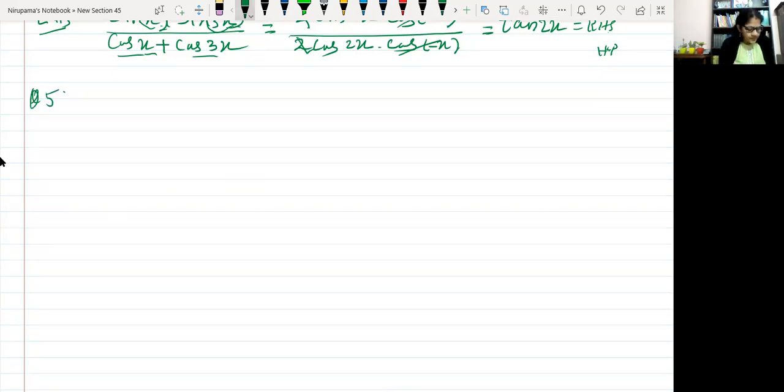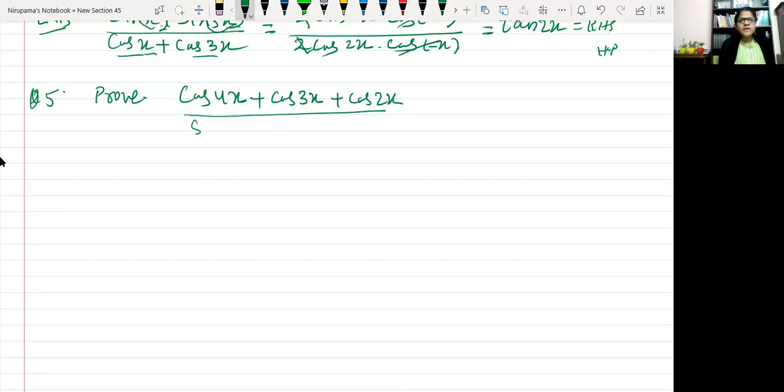Prove that cos 4x plus cos 3x plus cos 2x divided by sin 4x plus sin 3x plus sin 2x is equal to cot 3x.